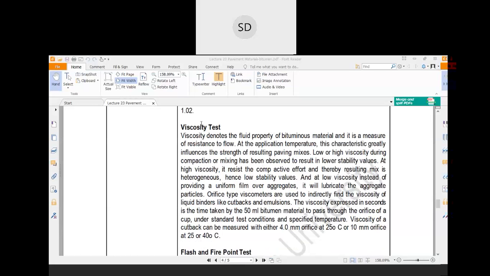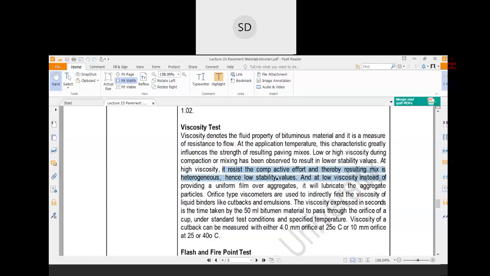Now, low or high viscosity during compaction or mixing has been observed to result in lower stability values. At high viscosity, it resists the compressive effort, and thereby the resulting mix is heterogeneous, hence low stability values.